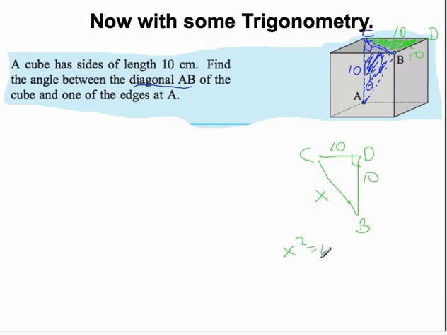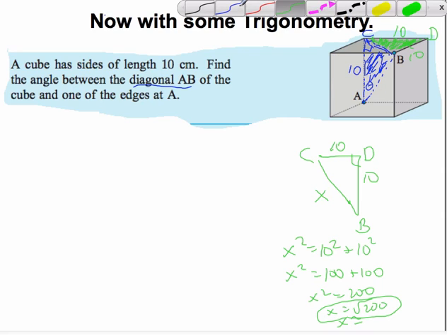So x squared equals 10 squared plus 10 squared. X squared equals 100 plus 100. X squared equals 200. X equals root 200. I'm going to leave it as exactly root 200. I don't need my calculator yet because that's not the final answer.